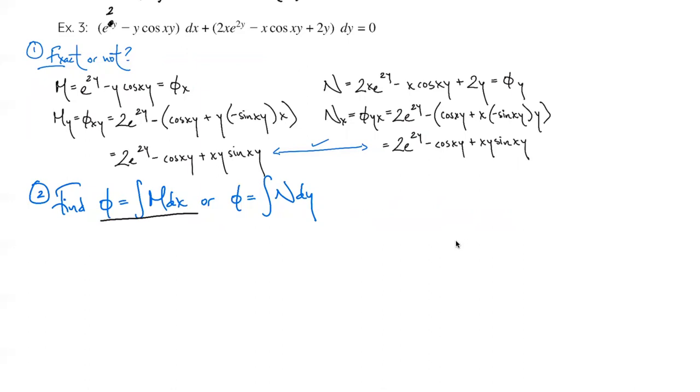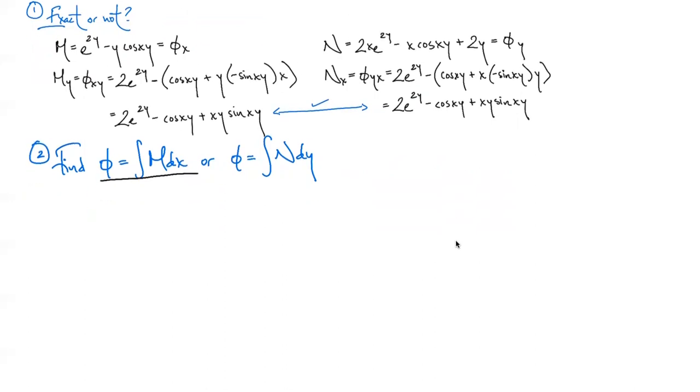It should give you the same answer, but sometimes we find that some are easier to integrate than others. All right, and so let's do it. Phi equals the integral of e to the 2y minus y cosine xy dx.